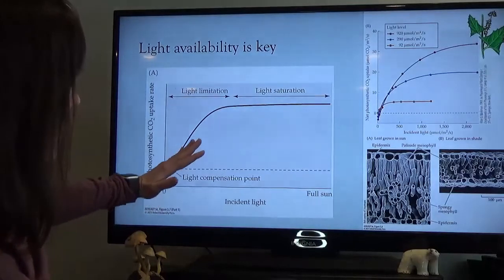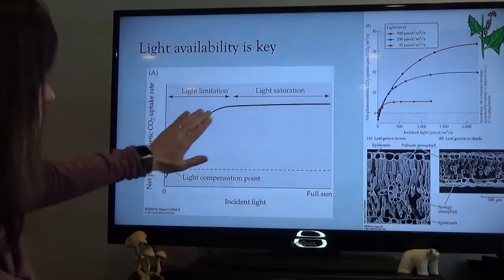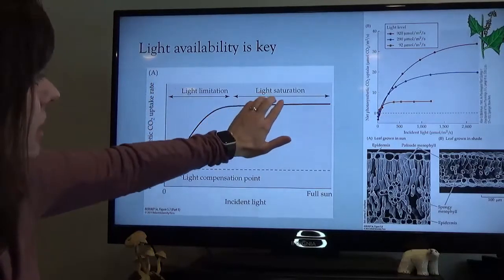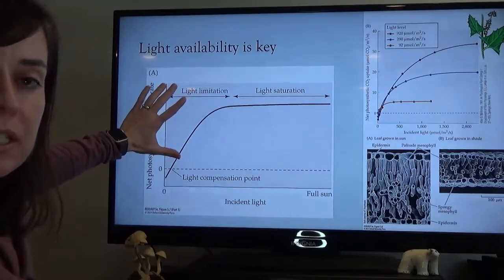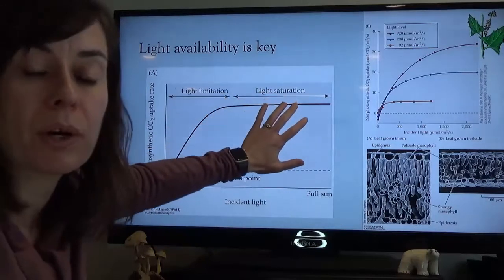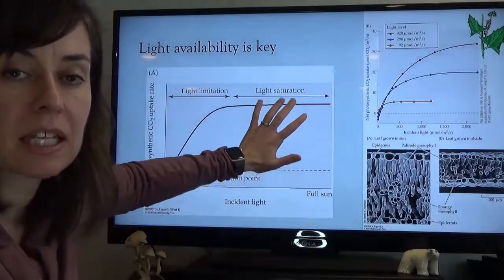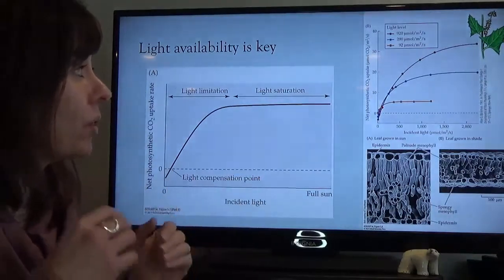And as the light increases, that photosynthetic rate increases, until we reach this maximum point of light saturation. Before that, the leaf or individual is experiencing light limitation, so its photosynthetic rate is depressed compared to where it would be in full sunlight conditions for that plant. Different species have different full sunlight conditions.